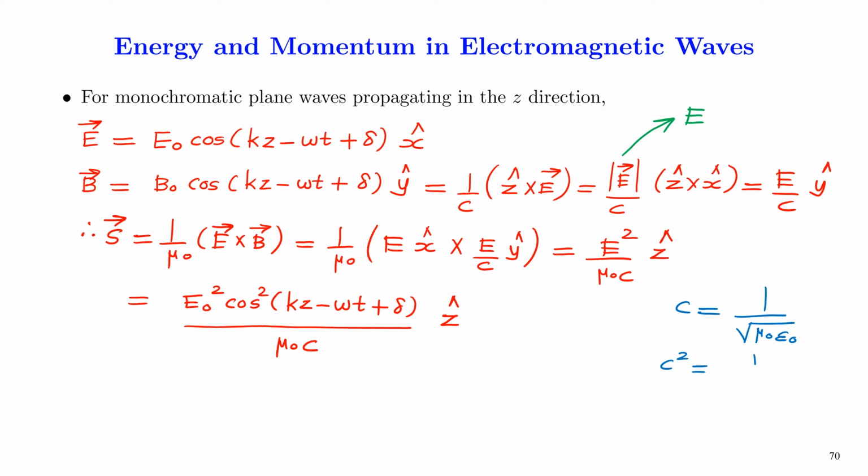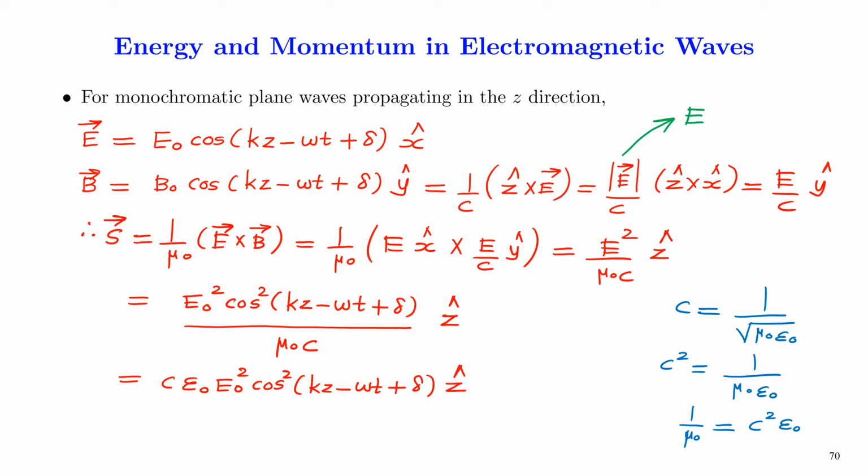Therefore c square is equal to 1 over mu 0 epsilon 0, and then from here we get 1 over mu 0 as equal to c square times epsilon 0, and hence the expression for the Poynting vector becomes c epsilon 0 E0 square cos square (kz minus omega t plus delta) along z hat.